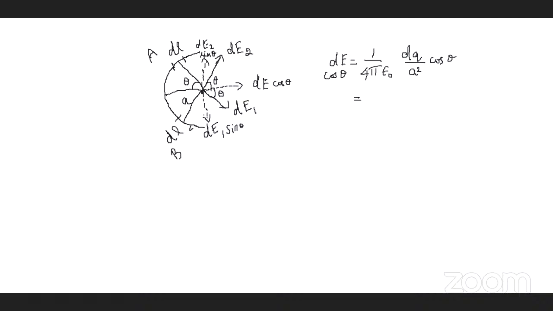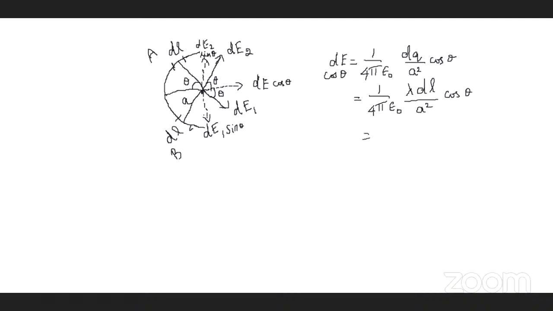Usually the electric field due to a point charge is given by q by 4 pi epsilon naught r squared, and here you have a cos theta component also in addition. Now this dq we need to find out. That will be lambda into dl, because lambda is the charge per unit length. When you multiply this with the element of length, you get the charge. So lambda dl by a squared into cos theta.